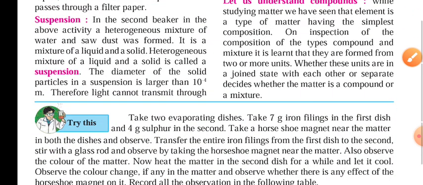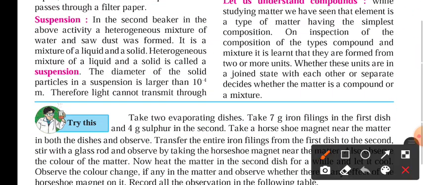Next, we have a suspension. A suspension is nothing but a heterogeneous mixture, like water and sawdust. Sawdust is nothing but fine wood particles, and if we pour it into water and stir it, it will remain suspended in that. It will not settle down at the bottom, it will be in the water somewhere.